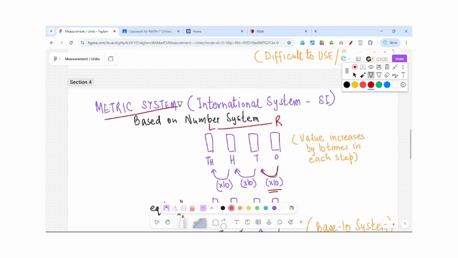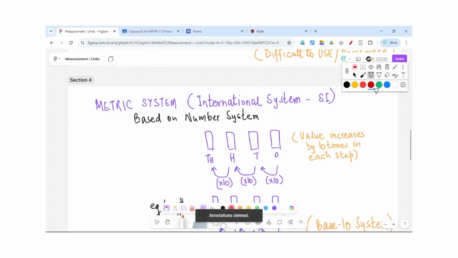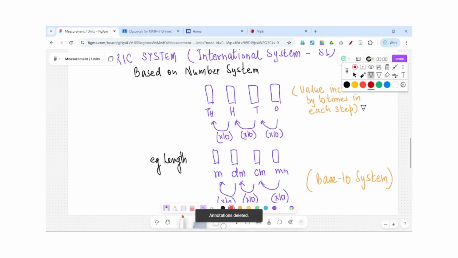So in the metric system, countries other than Britain adopted this and devised a similar system of units of measurement. For example, in case of length, millimeter to centimeter to decimeter to meter. Again, the steps in this system are also multiplied by 10 as you go from right to left.